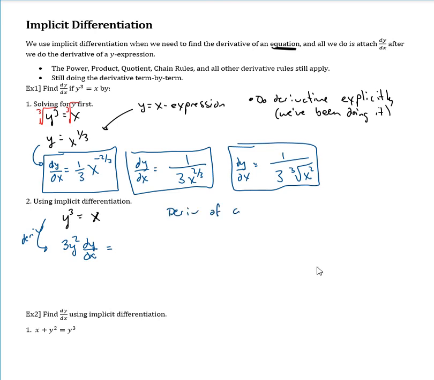What we're saying is we just did the derivative of y with respect to x, so we still are doing it with respect to x. And that's equal to the derivative of x, which is 1.